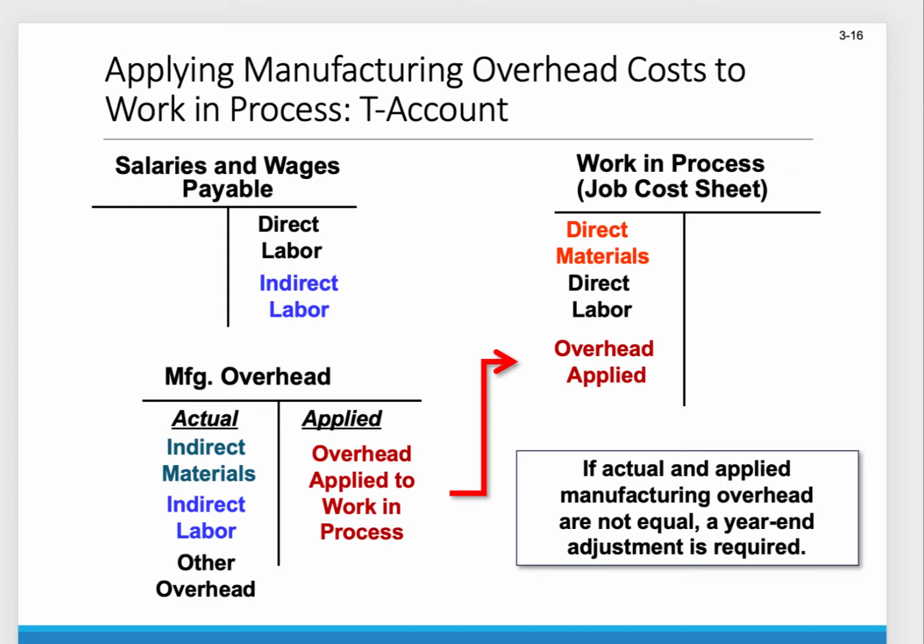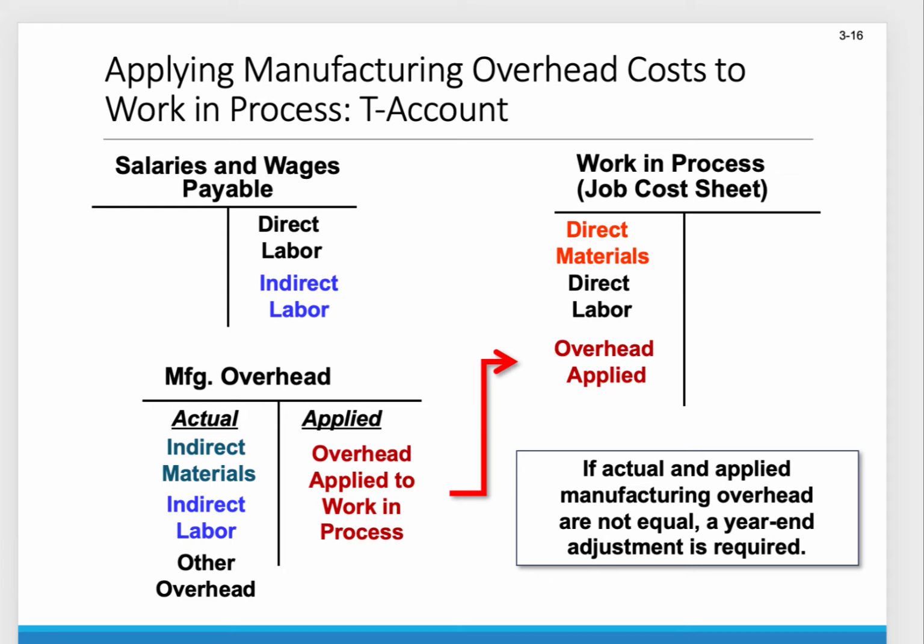Remember, we apply based on estimates that were calculated at the beginning of the period, right? We had no clue what our actual costs were going to be. We had a guess. We had an idea, so we guesstimated or estimated what they were. Now we need to apply. So we're going to apply based on the predetermined overhead rate.